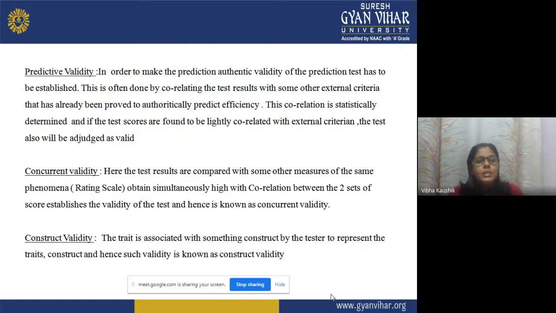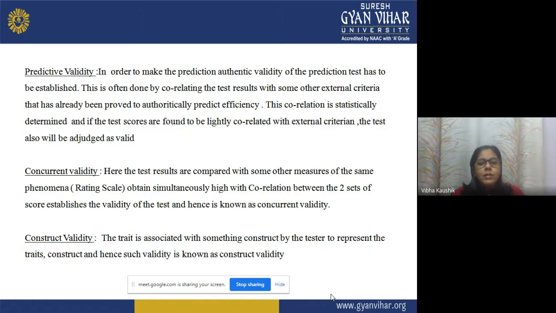Now the second one is predictive validity. On the basis of that we can predict a new thing, a new measure of self-esteem. In order to make the prediction authentic, the validity of the prediction test has to be established. When we are saying that this test is able to predict, then it should have predictive validity.